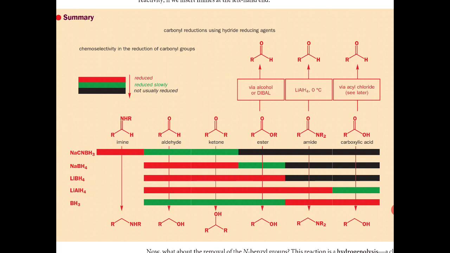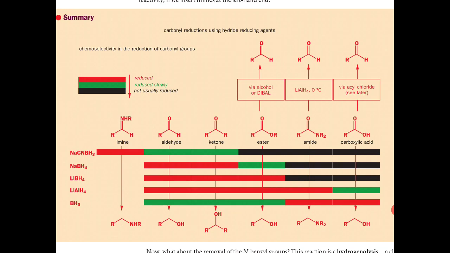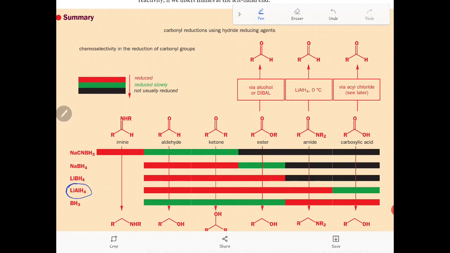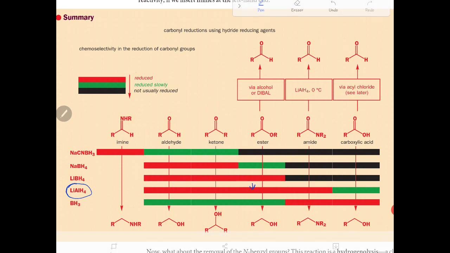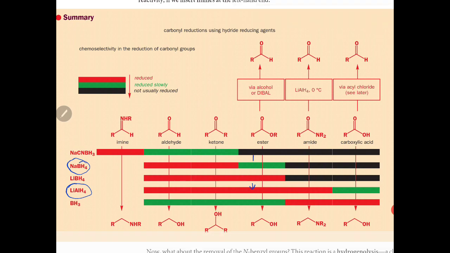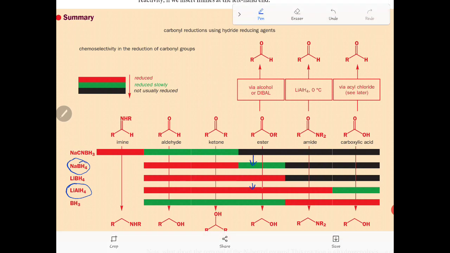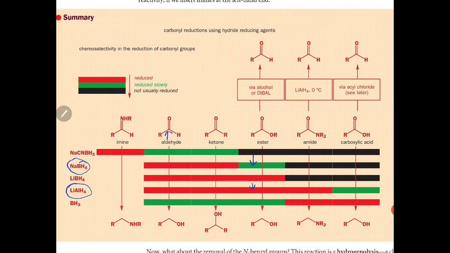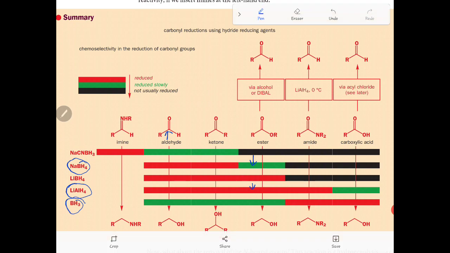See, we were discussing lithium aluminum hydride. Sodium borohydride can reduce esters very slowly. Lithium aluminum hydride is a very strong reducing agent, and it works on the principle of electrophilicity of the carbonyl group, whereas BH3 works on the principle of electron richness.